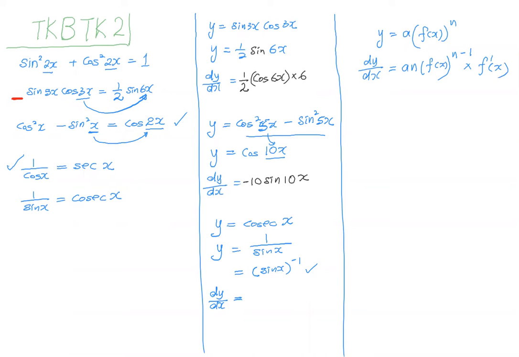So negative 1 multiply sine x, the power of negative 2, multiply by sine x. No. Yeah, sine x. How can? Oh, is it cos x? Do you see? How can be cosine?